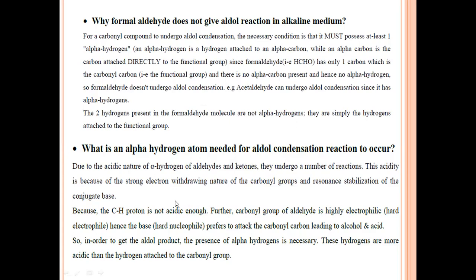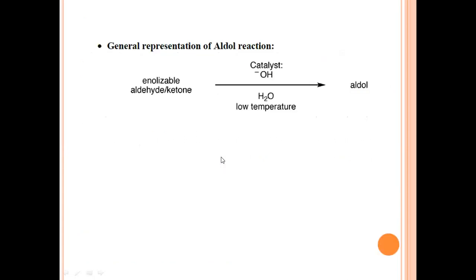If there is no alpha carbon atom, that means it will not contain an alpha hydrogen atom, so it will not proceed for the aldol condensation reaction. This is the reason they require the presence of alpha hydrogen to proceed for the aldol condensation reaction.